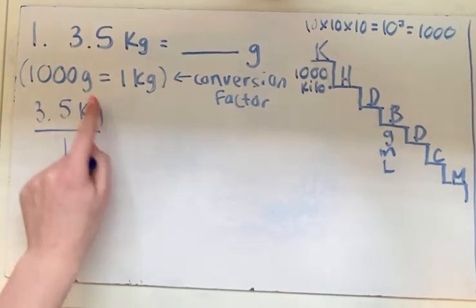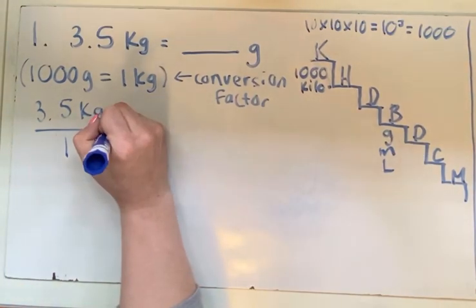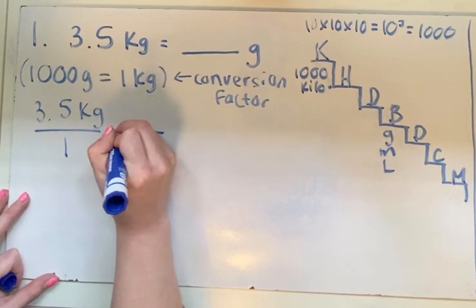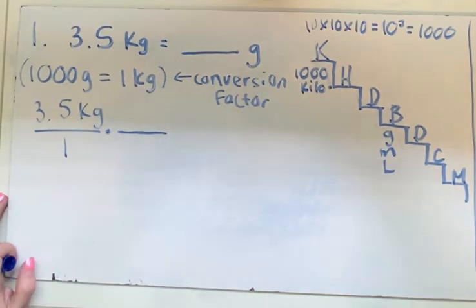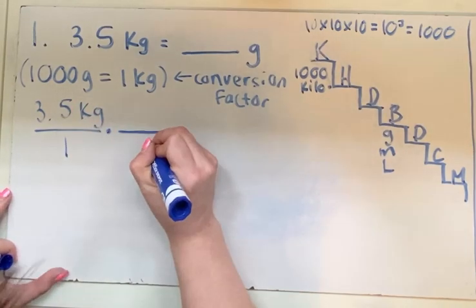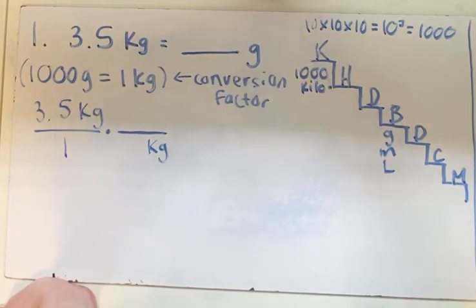So we're just setting this up to look like a fraction from what we know, because the next part we're going to do is actually a fraction. So we're going to set up with a little multiplication sign and another division bar. And because we want kilograms to cancel, we're going to put kilograms in the bottom of our fraction. Okay?